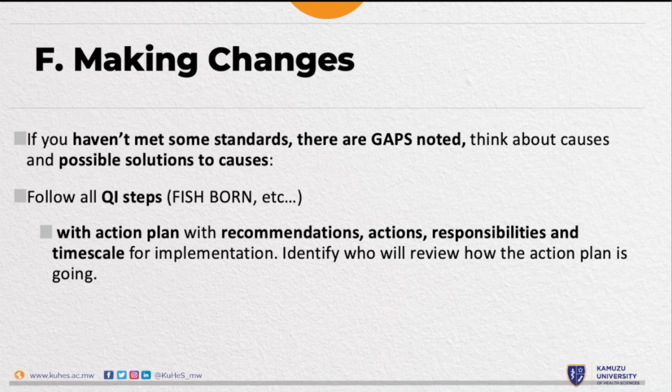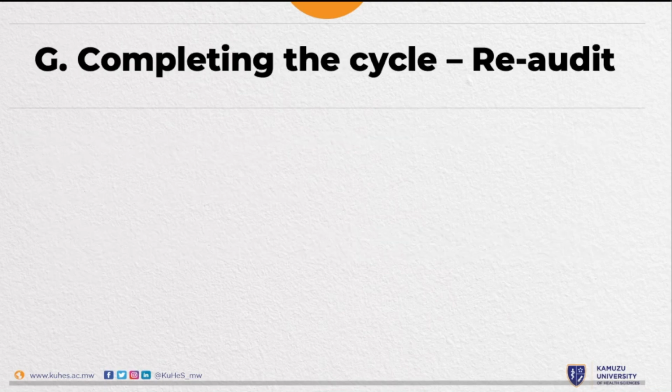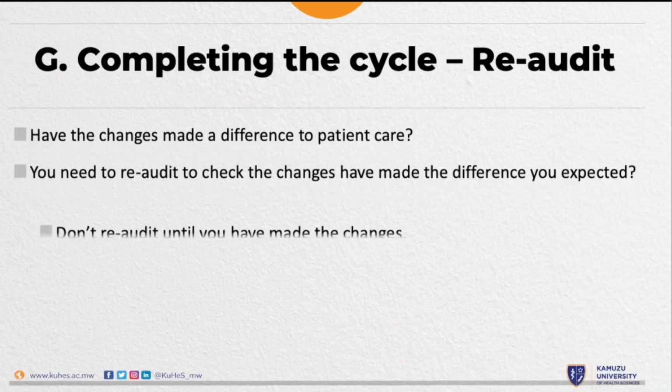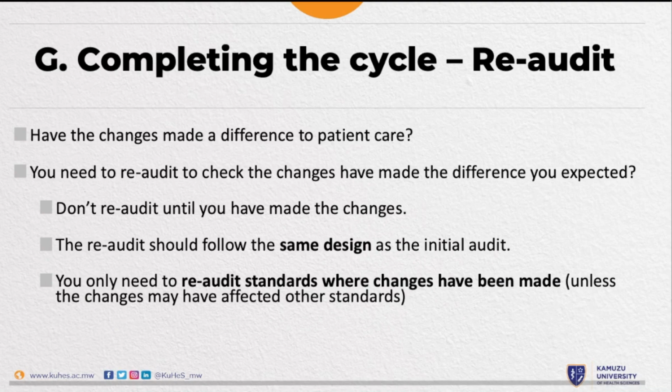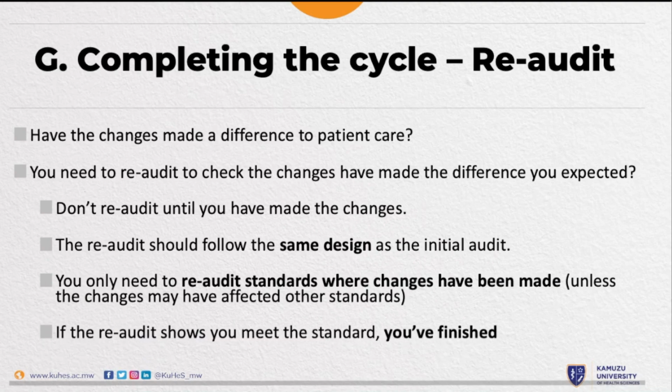As I said, that's where the QI steps will come in: the fishbone diagram, the driver diagram. Those who are dealing with QI know all this, and then an action plan will come from there. So you've done this, you complete the cycle, and you can now re-audit and see if the changes that you've made are being implemented.